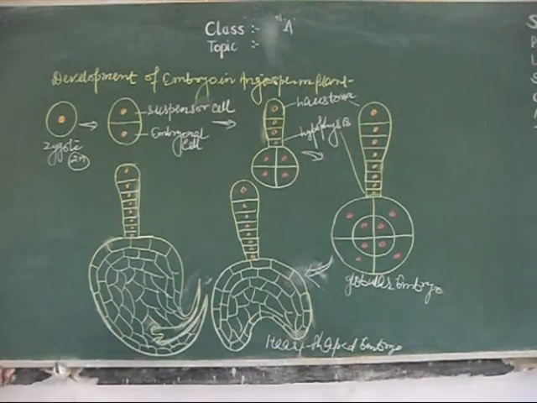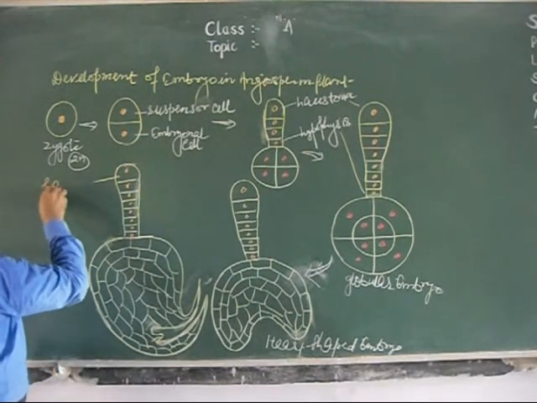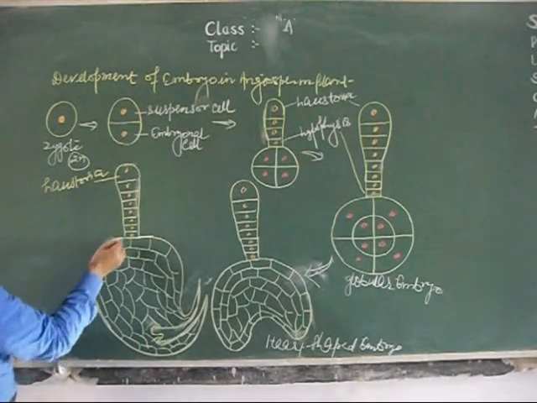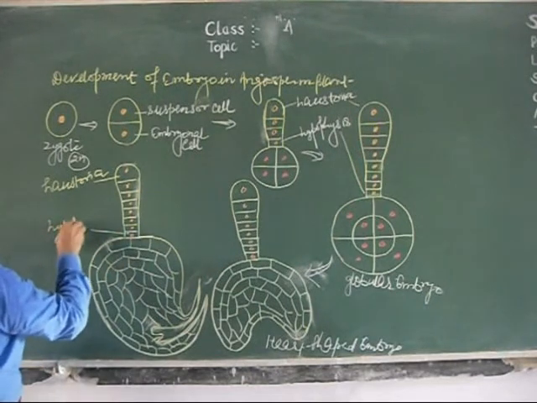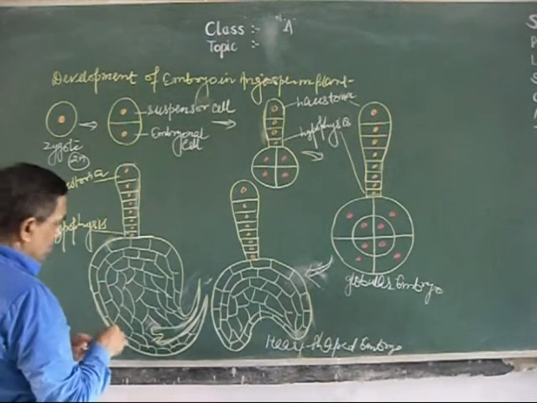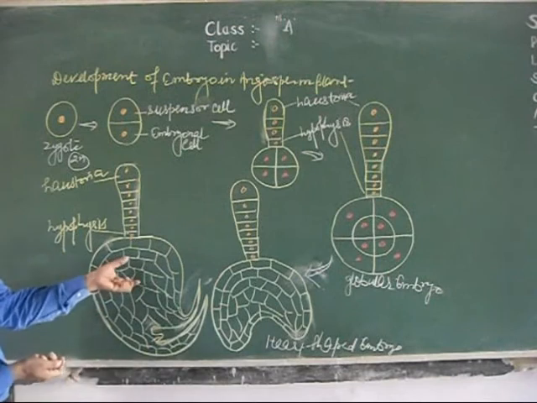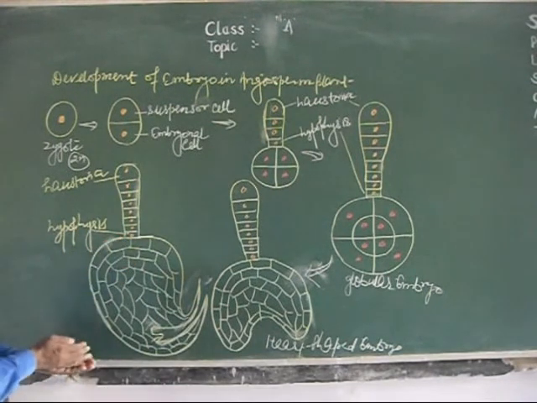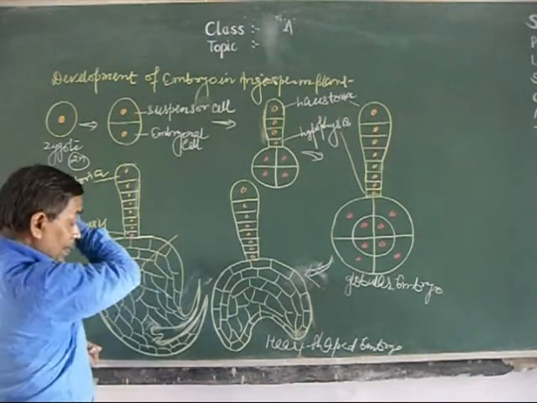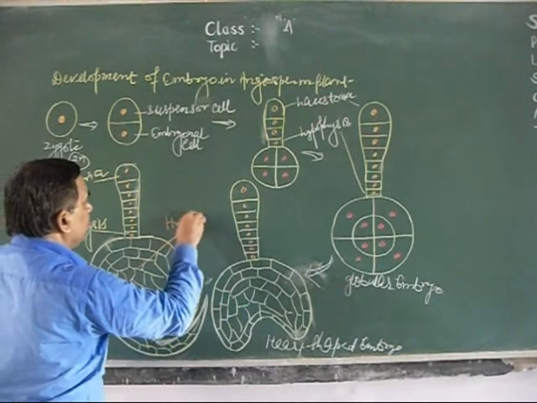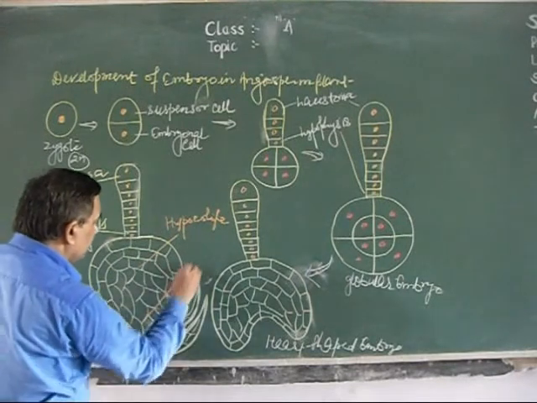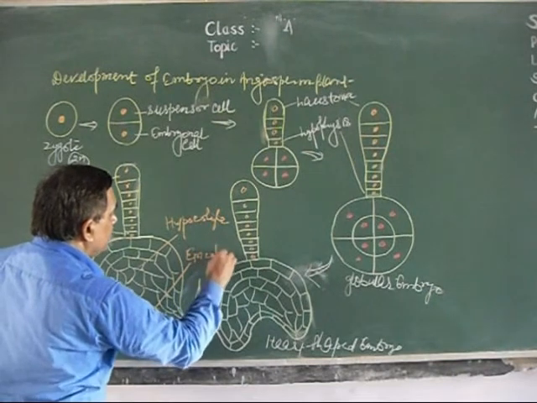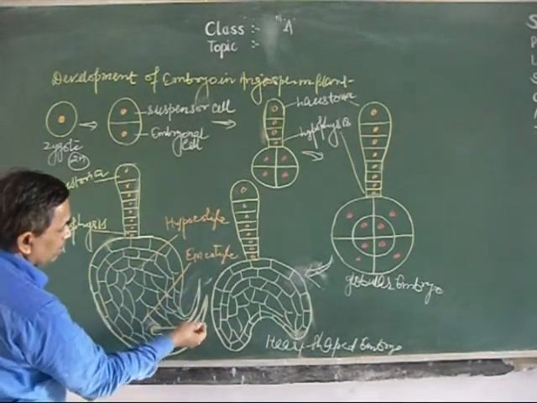Now, this is just I have written earlier, haustoria, this is suspensor, hypophysis, this is haustoria, this is hypophysis, and here is the group of embryonal cell present near hypophysis, that is called as hypocotyl, and the group of embryonal cell present away from hypophysis, that is called as epicotyl, and these two are called as cotyledon.